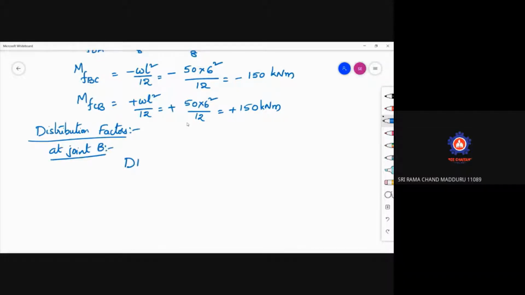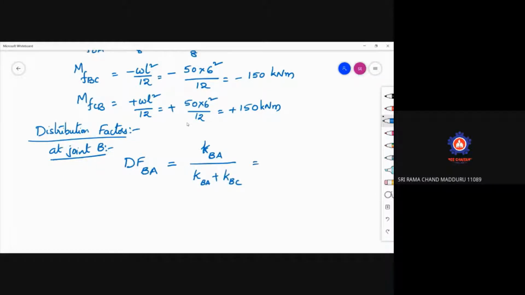So distribution factor for BA is equal to the relative stiffness of the BA member by the summation of the relative stiffnesses at the joint. So at the joint, two members are meeting, so KBA plus KBC.